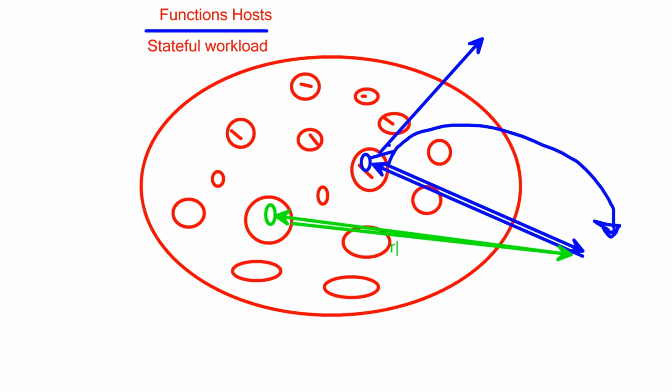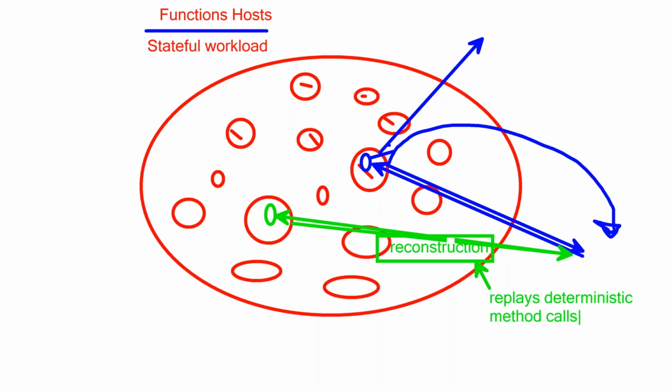It's a very important concept. It's not serialization, deserialization, it's reconstruction. Okay. This reconstruction essentially replaces deterministic method calls to quickly fast forward the instance of workload to the moment it went into hydration mode.